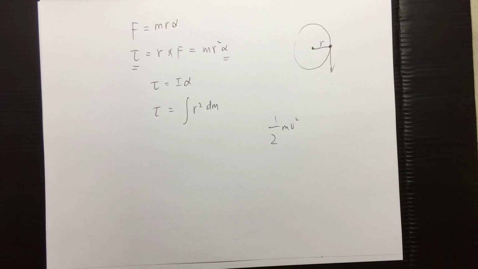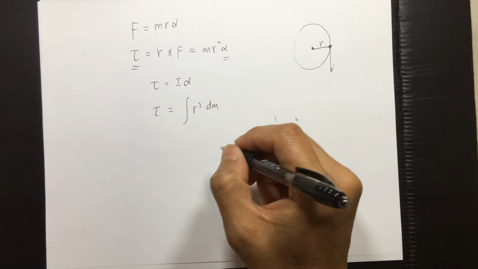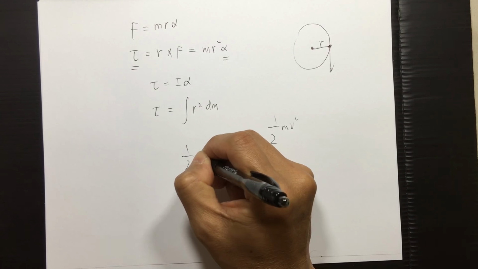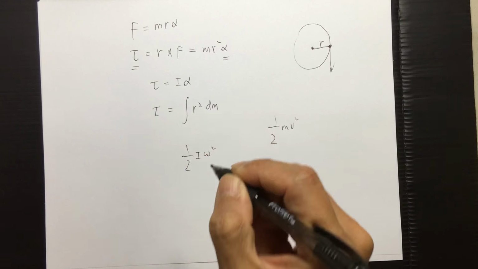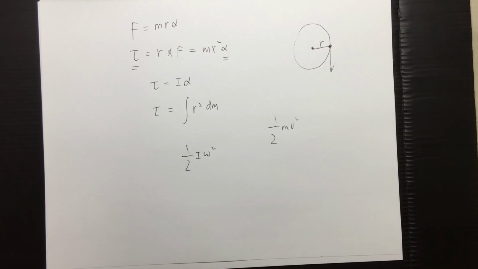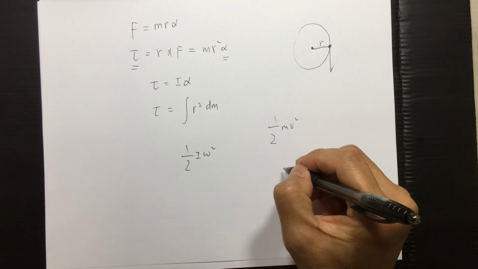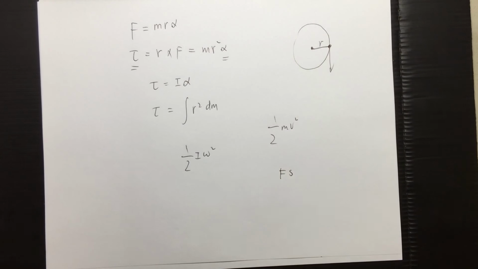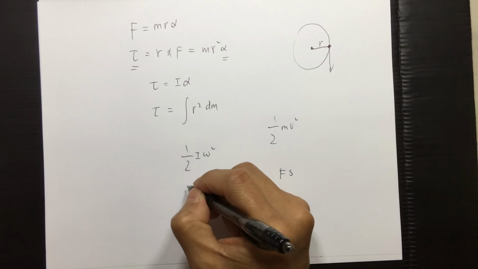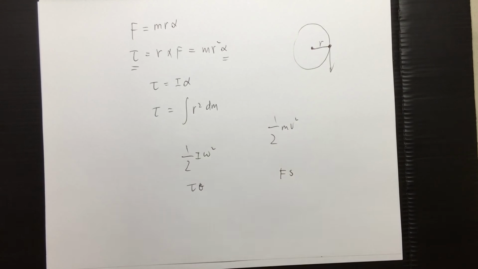This is kinetic energy. Now, this kinetic energy is one half I omega squared, obviously. This is easy. For the work, this is Fs. This is tau theta.